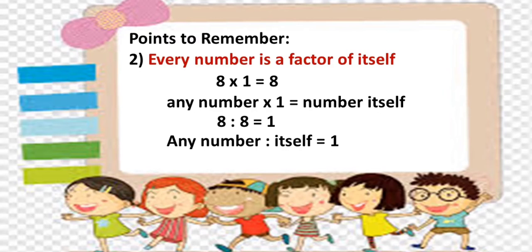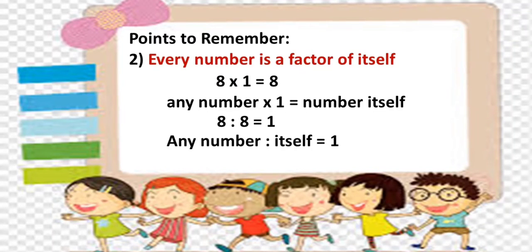The second point that you have to remember is every number is a factor of itself. Ya, jadi setiap bilangan itu adalah faktor dari bilangan itu sendiri. 8 times 1 is equal to 8, and 8 divided by 8 is equal to 1.